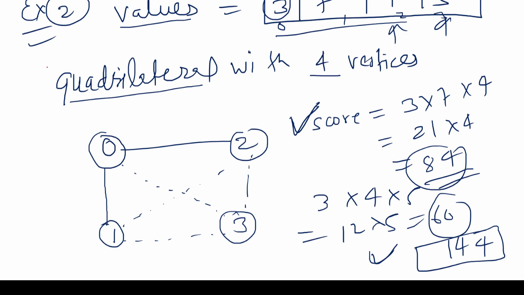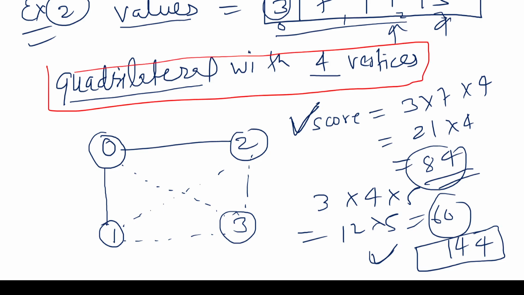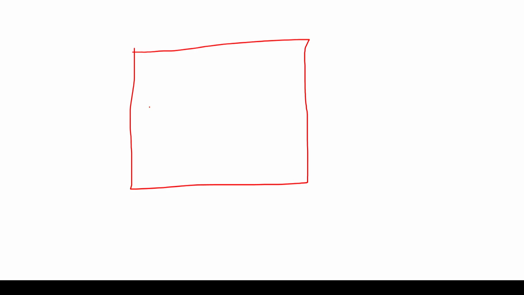So for the given values of the polygon, the quadrilateral can be formed using this one or any other. If you're using this diagonal, you can change this diagonal, right? Like previously, let's understand here. Let's suppose I'll go with a triangle here where I will use one diagonal 0 here and another is 2 here, right?